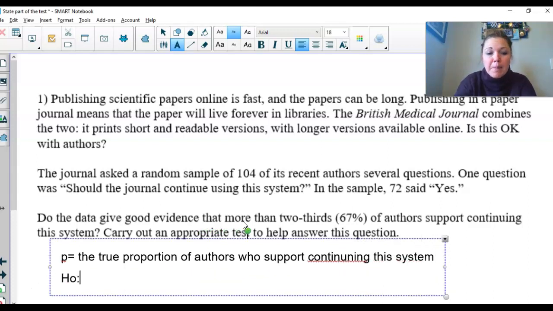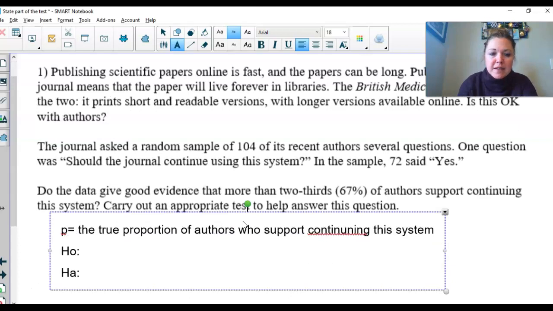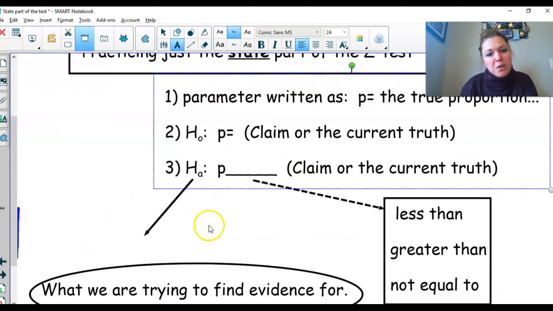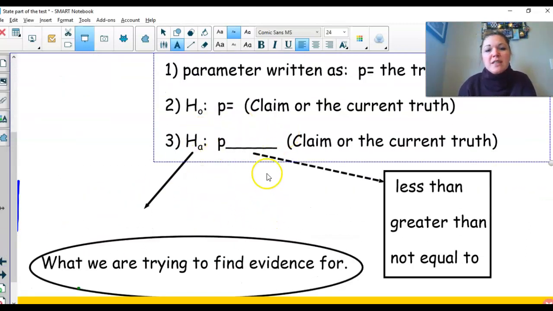Now we need a null hypothesis and an alternative hypothesis. We will always have p's with it, so I'm going to put a p right there and a p right here. Now, we don't necessarily know the current truth right now. It doesn't tell us that 67% right now do believe that. But it does ask us what is the evidence that we're looking for. And if you look at our notes from the previous page, our HA is always about what we're trying to find evidence for.